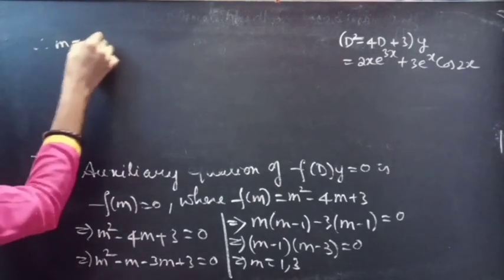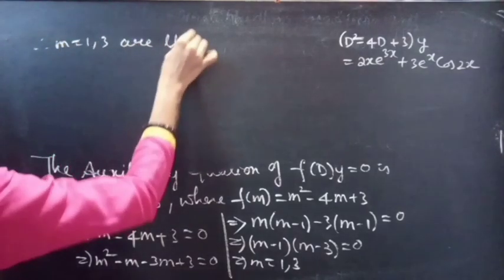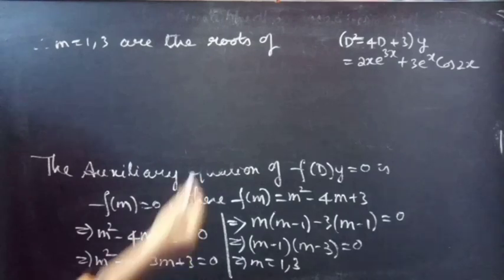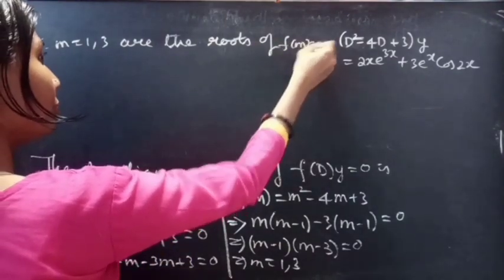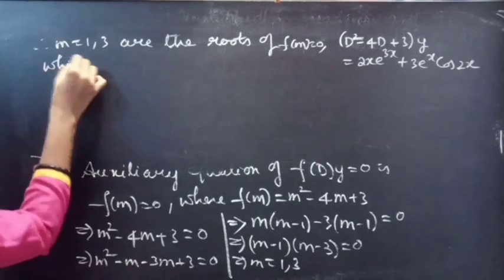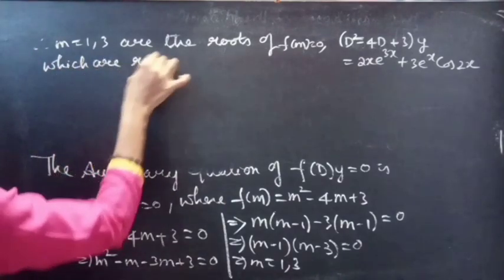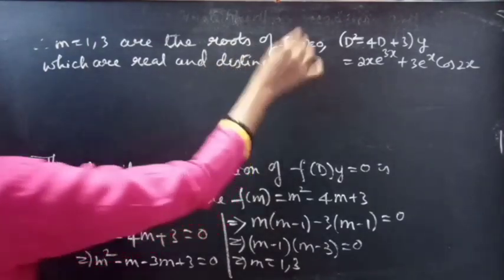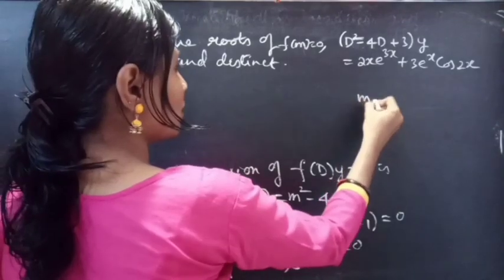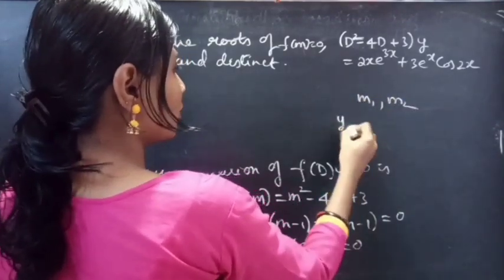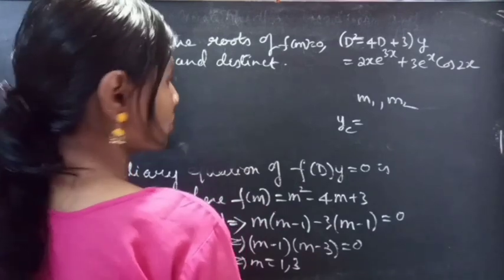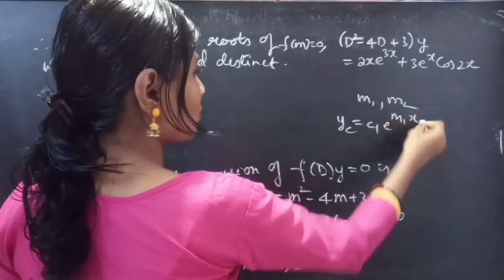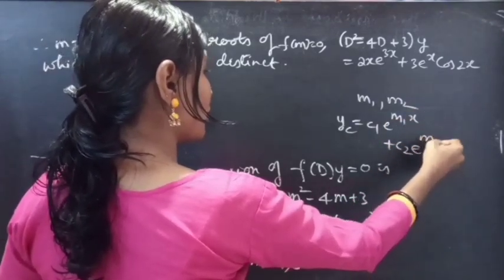Therefore, m = 1, 3 are the roots of our auxiliary equation F(m) = 0, which are real and distinct. We know that when two roots, say m1 and m2, are real and distinct, then the complementary function looks like one constant into e to the power of one root into x, plus another constant into e to the power of another root into x.